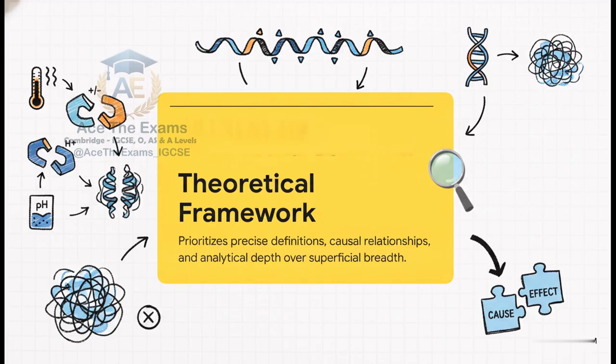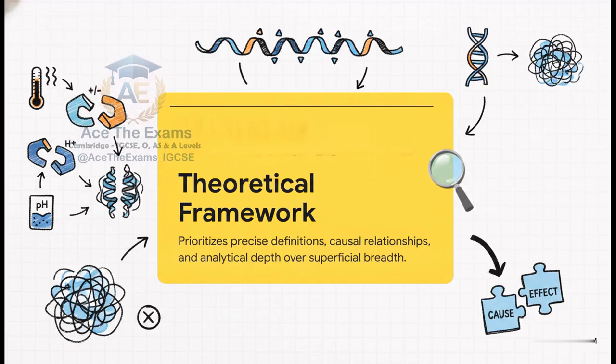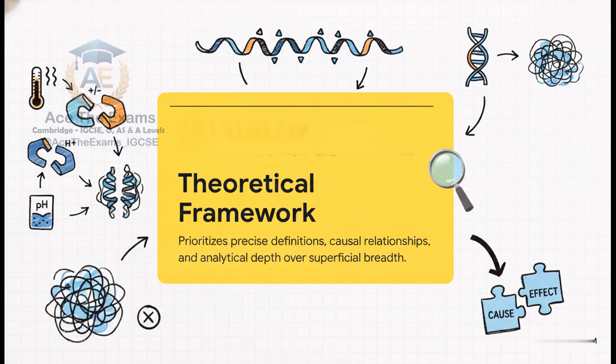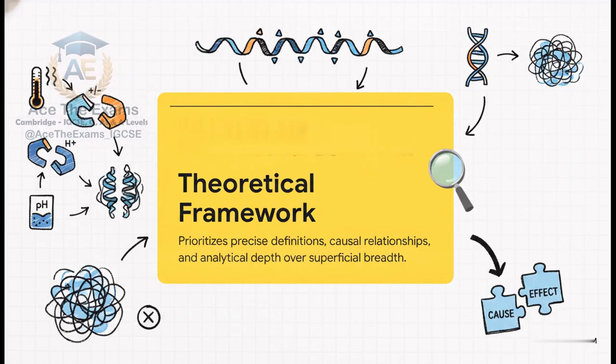The crucial takeaway is that this assessment framework prioritizes precise cause and effect relationships over just superficial breadth. Examiners really want to see that you understand the why. Like, how does a change in temperature or pH disrupt specific ionic or hydrogen bonds? How does that alter the tertiary 3D structure? And how does that ultimately denature the active site? It's all about building a chain of analytical depth.